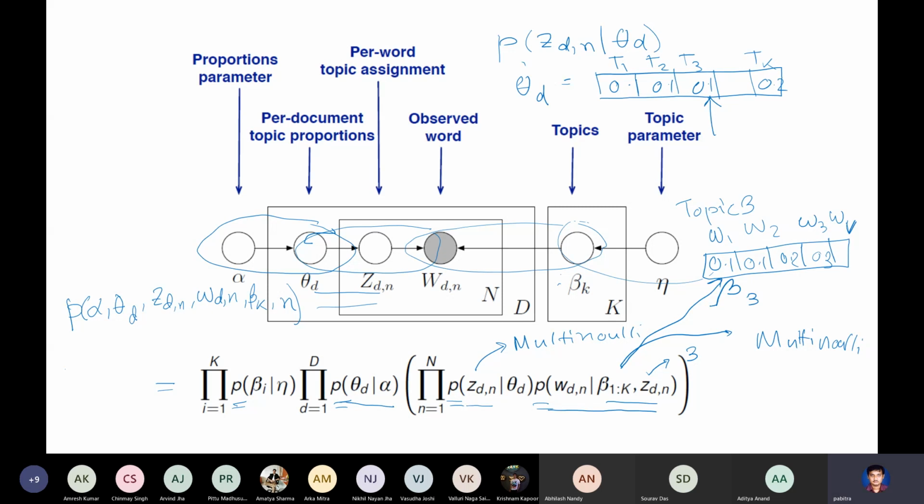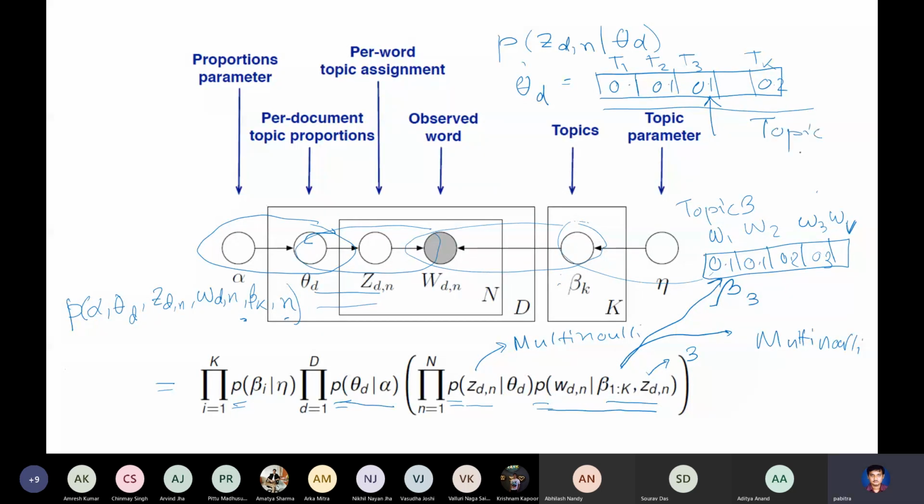What is p of theta d given alpha? That means, what is the probability that document D has this theta vector, this topic proportion?